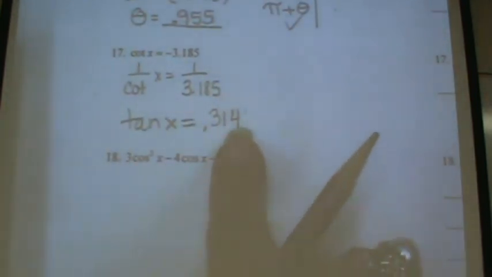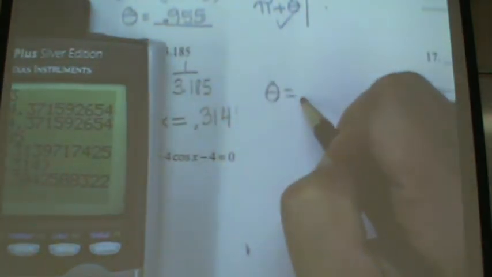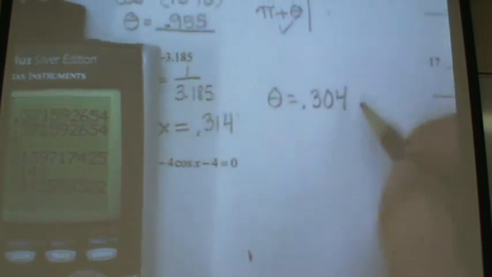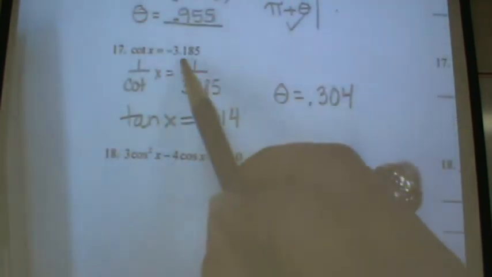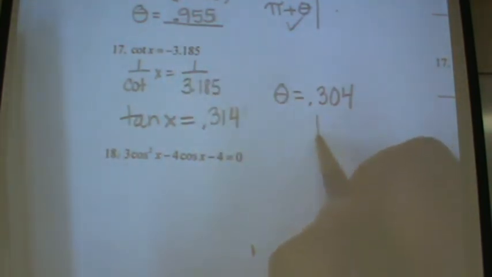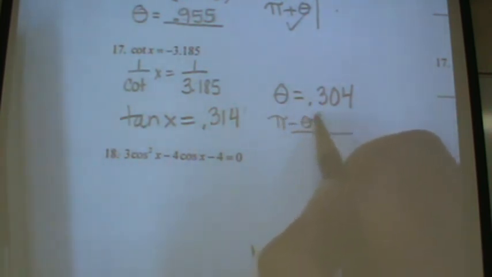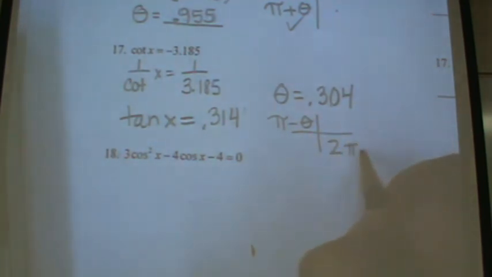Now what you're going to do is hit inverse tangent. So second tan, 0.314. That's going to be your reference angle. Now, in what two quadrants is tangent negative? 2 and where? So you're going to do pi minus that answer and 2 pi minus that answer.